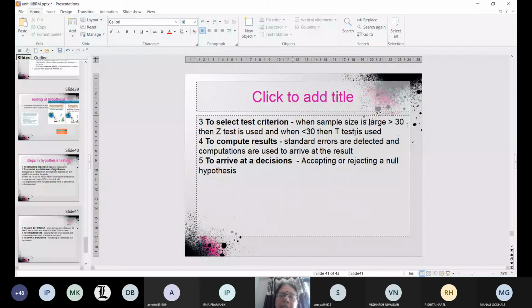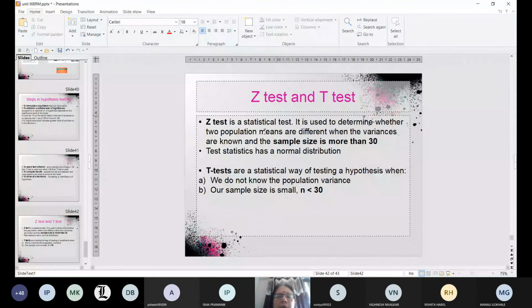So for small samples, t-test; for large samples, z-test. Once your level of significance and test are decided, you start calculating your results, keeping in mind the standard errors. Once the result is calculated, you decide whether to accept or reject the null hypothesis. If the null hypothesis is rejected, that means you are accepting your alternate hypothesis.